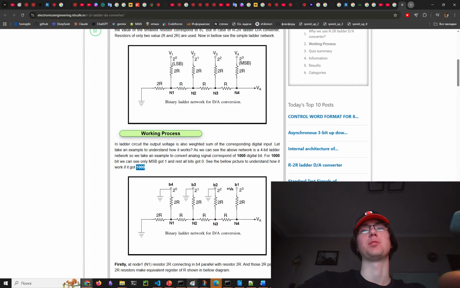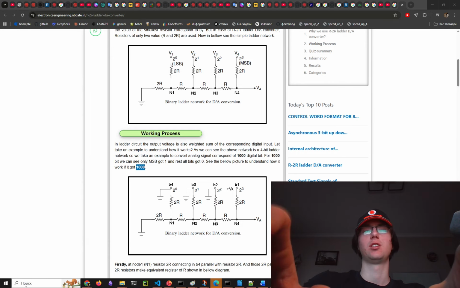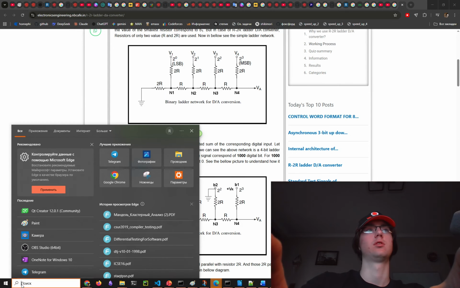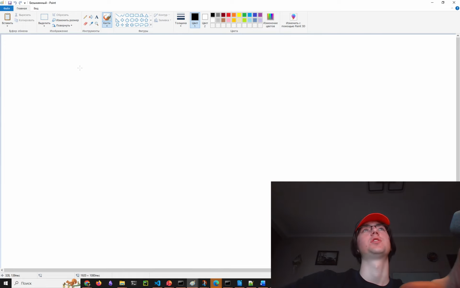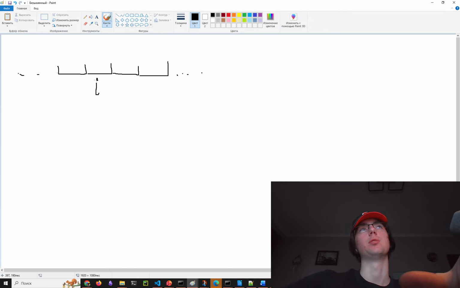Let's make some paint drawing, as usual. Okay. So say we have a 4-bit number. Actually, some bit number, and we have the bit in position i. If it's 0, then it's 0.